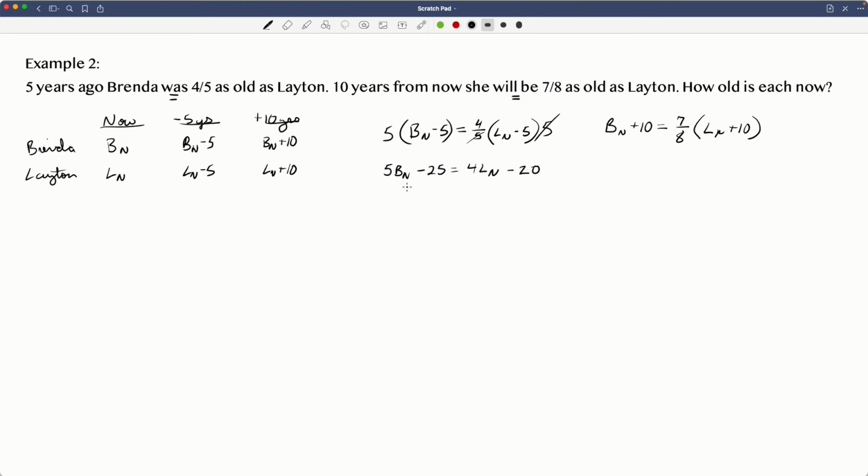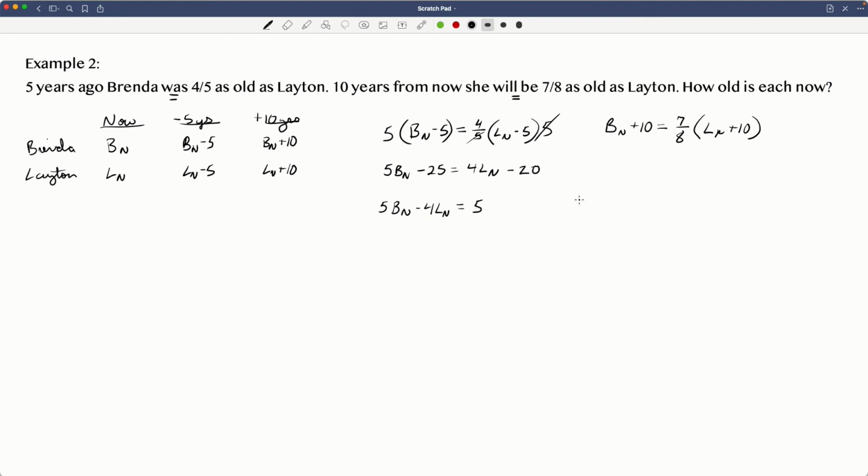Now we can move things around so that we have the variables on one side, so we can create an elimination situation. So we're going to add 25 to both sides, and we're going to subtract 4LN from both sides. That gives us 5BN minus 4LN is equal to a positive 5.